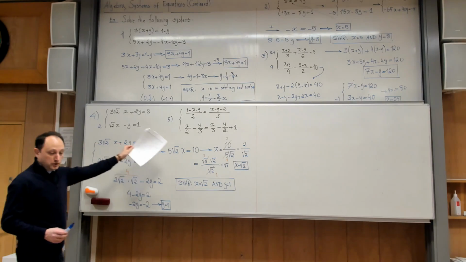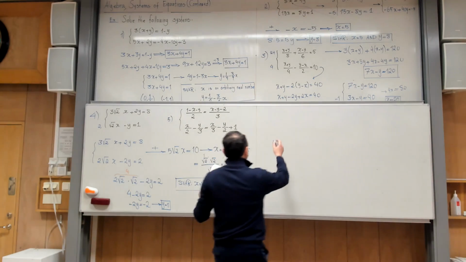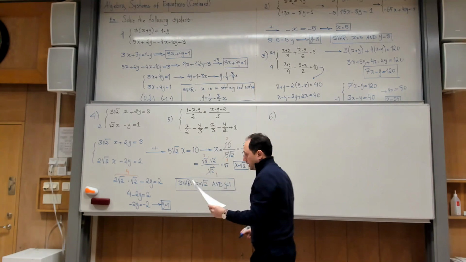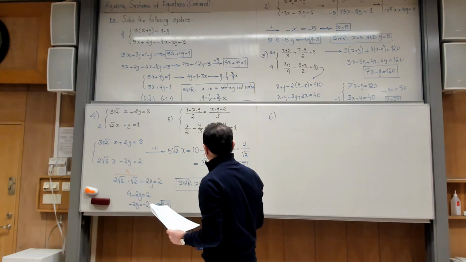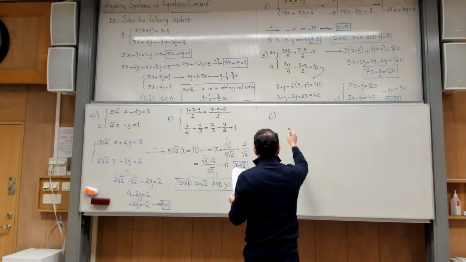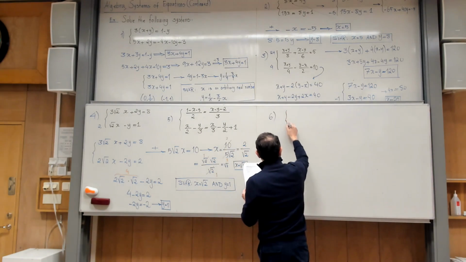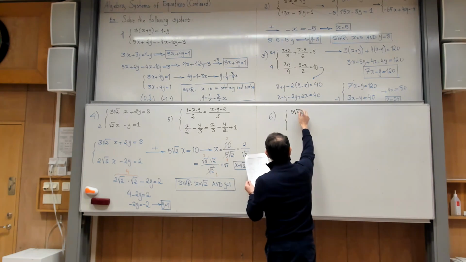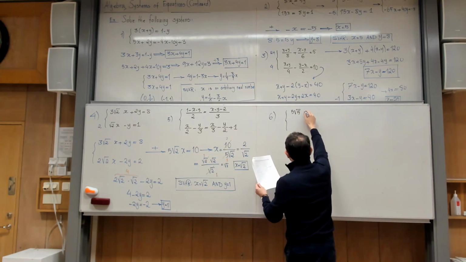So if you have already done number 5, don't waste your time. Just jump to number 6 here that I will write. So this is the same idea, but a little bit harder. So you need to work a little bit more algebra.